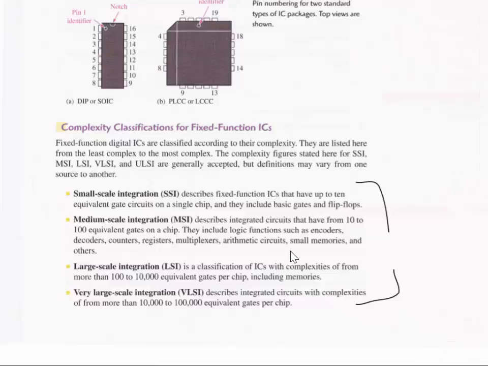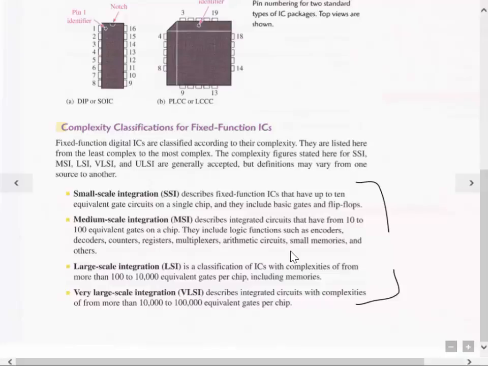They talk about SSI, MSI, LSI, and VLSI. Small scale integration is something less than about 50 transistors, but they say up to 10 gate equivalents. That's an AND gate or an OR gate.